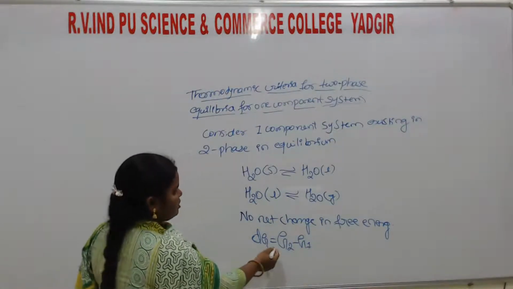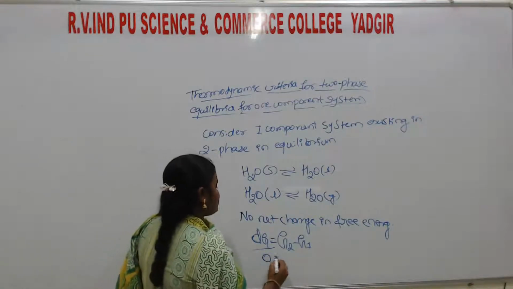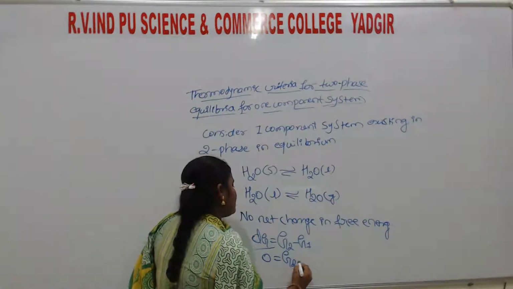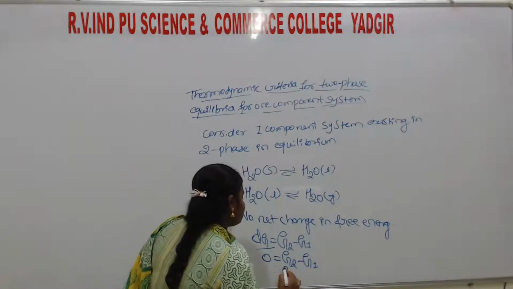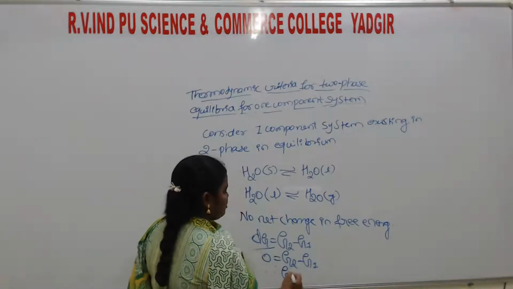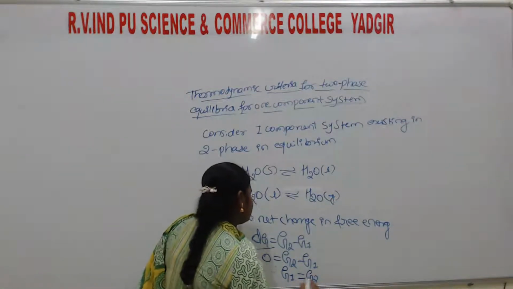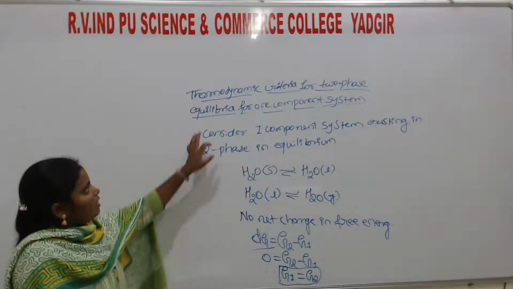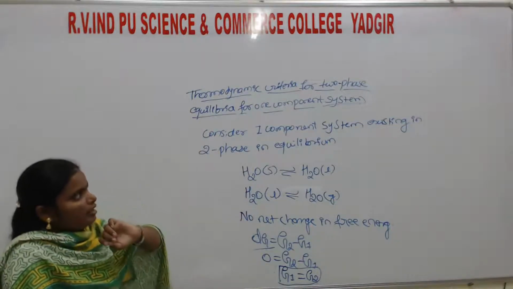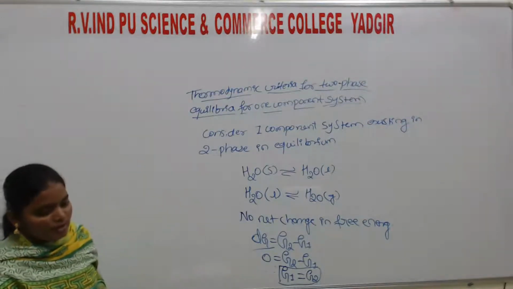Here no net change, so dG equals 0, so 0 equals G2 minus G1. Therefore G1 equals G2. This is the expression for the thermodynamic criteria for two-phase equilibrium for one component system.